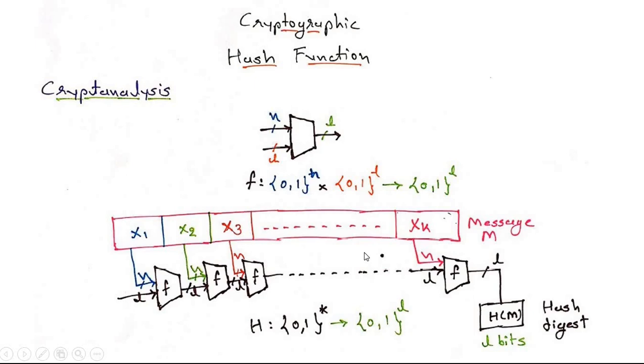In the previous case, we applied the cryptographic hash function to the entire message, but here we are dividing the entire message into a number of different slots, and we are applying this cryptographic hash function individually on the various slots of the message.